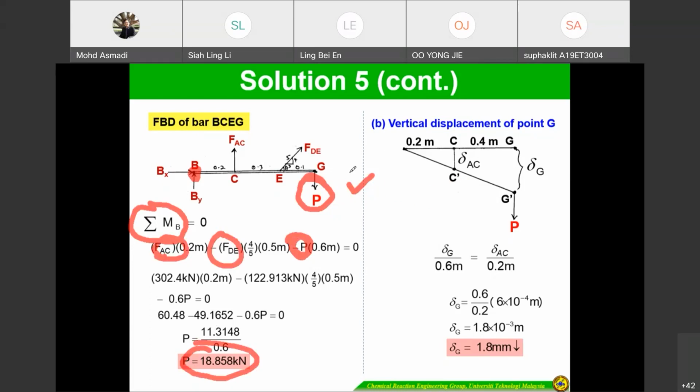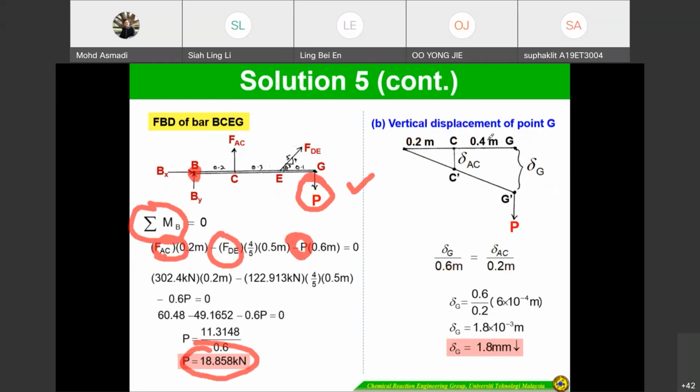So by using the method of trigonometry, this one divided by this one and this one divided by this one. Look at here that delta AC is 0.2, delta G, right, 0.4, 0.6. This one is delta G and 0.6.